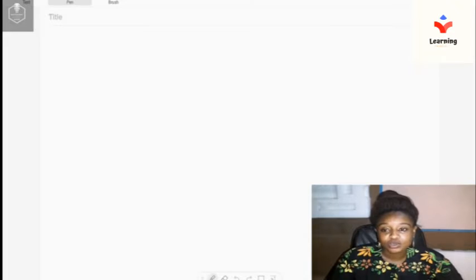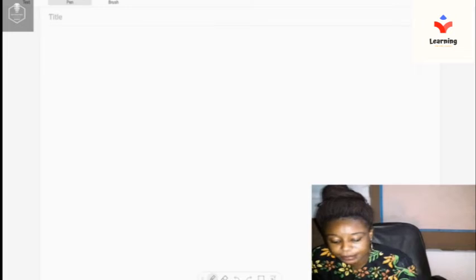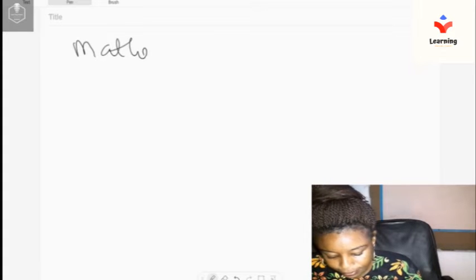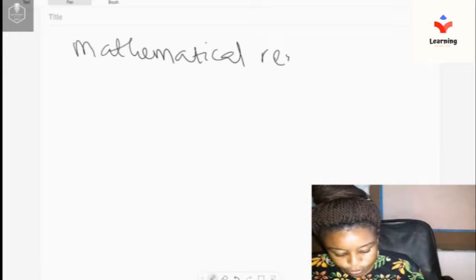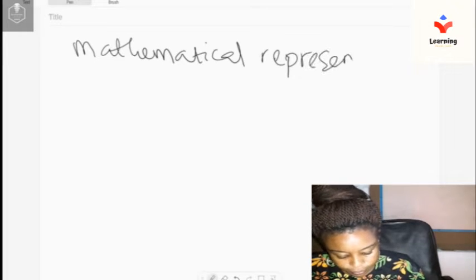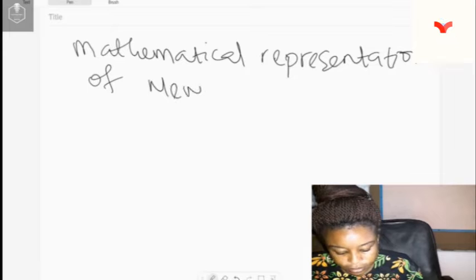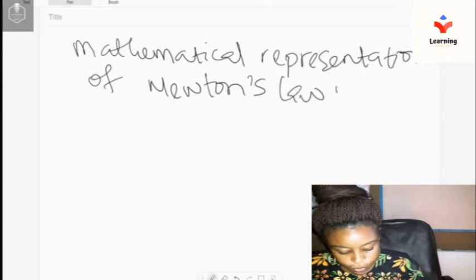That leads us to the mathematical representation of Newton's law of gravitation.